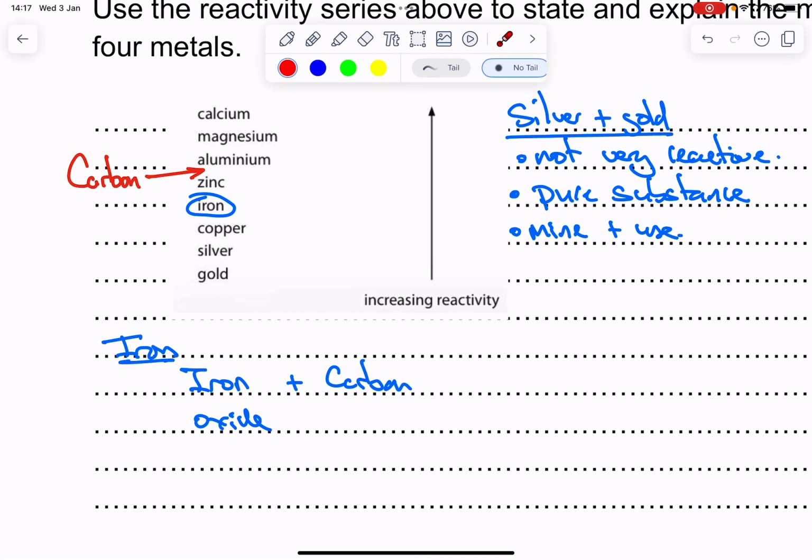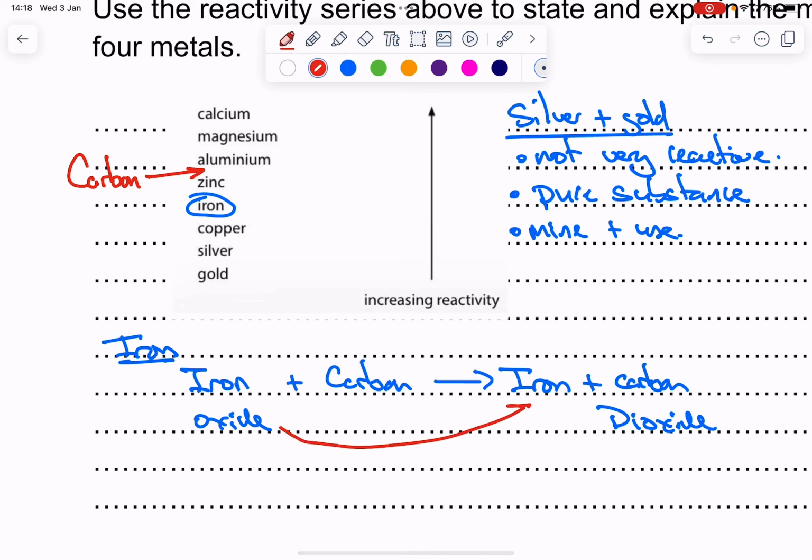So it's going to remove the oxygen to leave me my iron on its own and carbon dioxide forming.